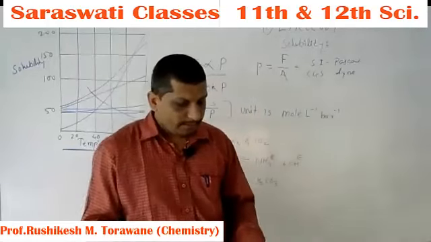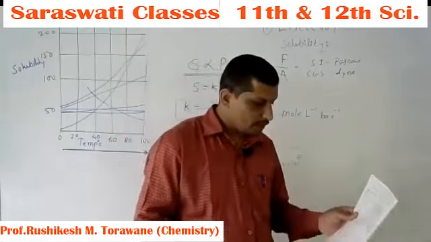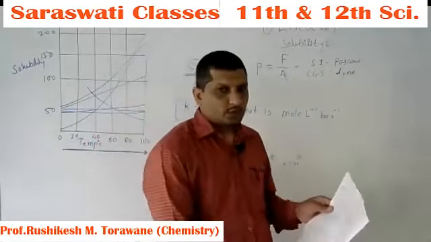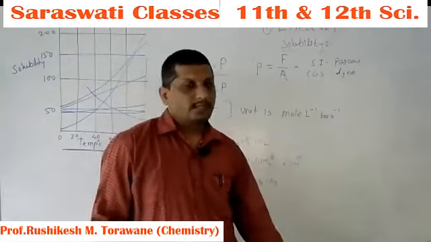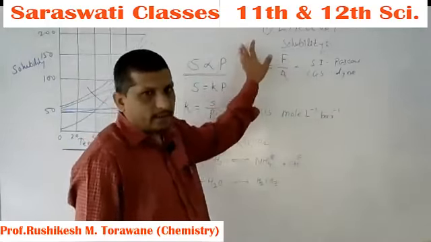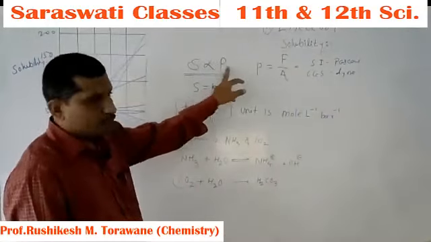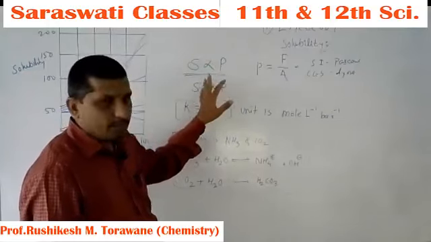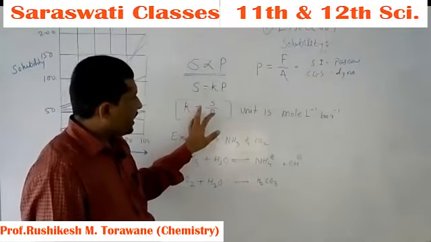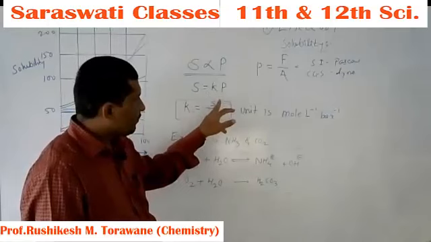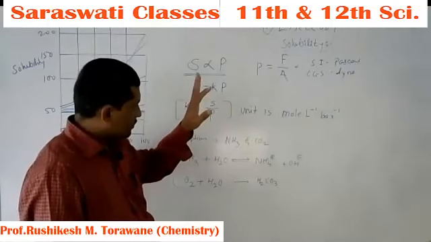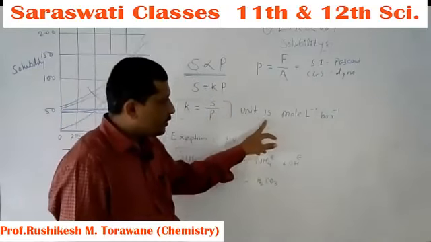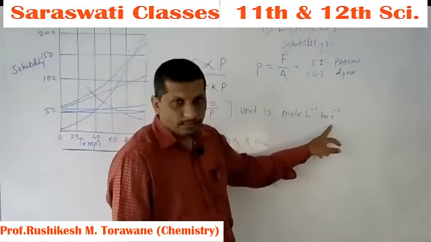One of the problems in your book we can solve here: how to calculate the solubility. Henry said that the solubility of a solute is proportional to pressure, and K is the proportionality constant, equal to solubility divided by pressure, and its unit is moles per liter per bar.